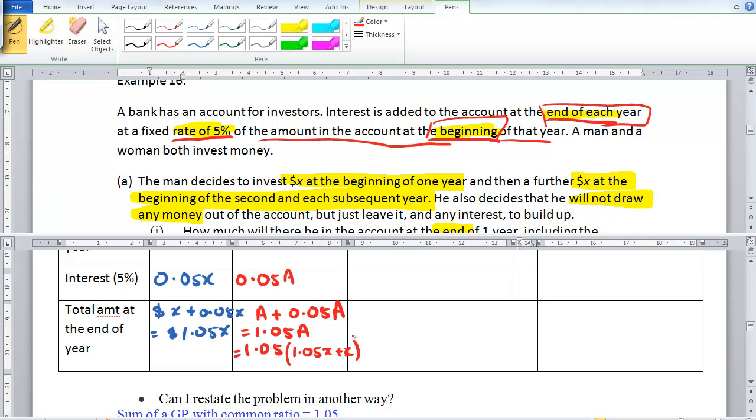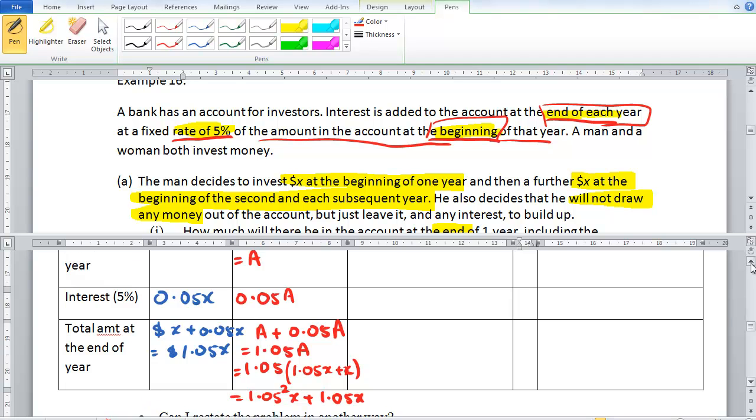Now, that gives us the figure of 1.05 square x plus 1.05x. Now, do you notice the way I manage the numbers?